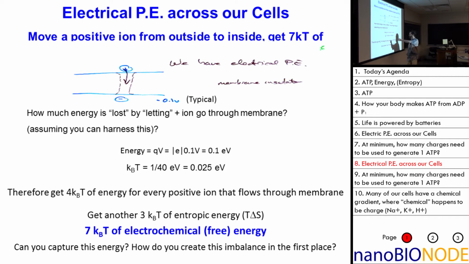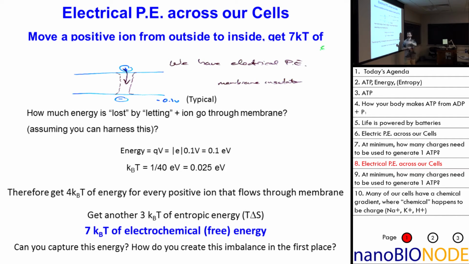kB is a constant, and kBT is the temperature of your body. kT is the amount of energy that's in general just floating around.